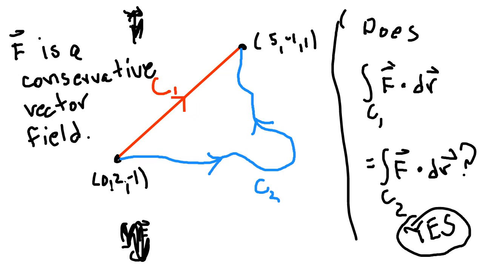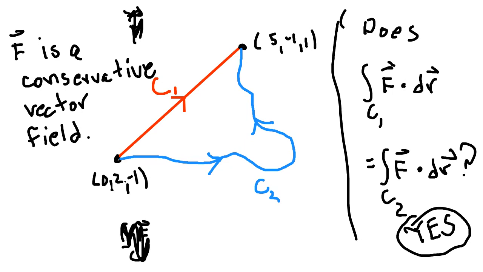So we have independence of path. It doesn't matter how you get from that point (0, 2, -1) to the point (5, -1, 1). It does not matter. And in fact, we wouldn't even have to say that we have a line segment going from (0, 2, -1) to (5, -1, 1). If we just said find the work that the force field does in moving the particle from (0, 2, -1) to (5, -1, 1), and they didn't specify the path, it would be okay.